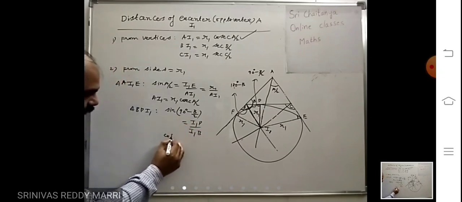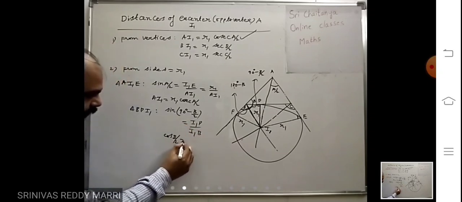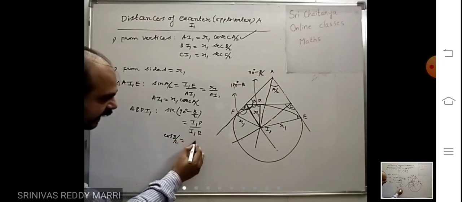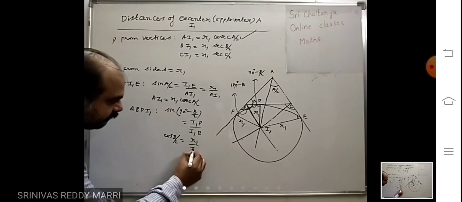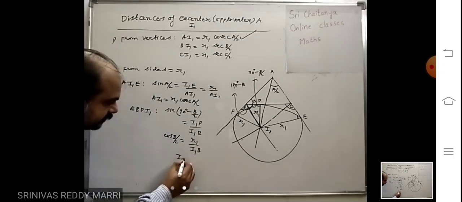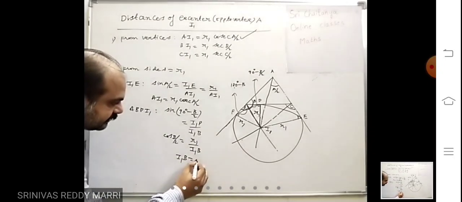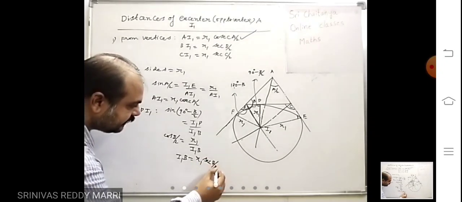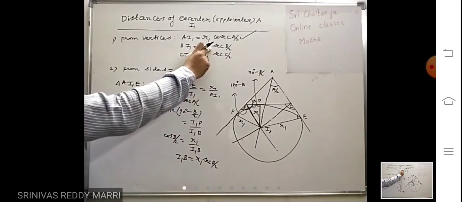So this is cos B by 2 equals I1D, and I1D means R1, divided by I1B. Therefore I1B is nothing but R1 secant B by 2.